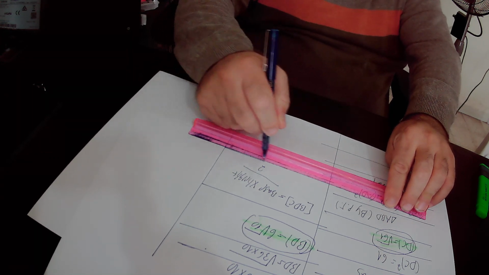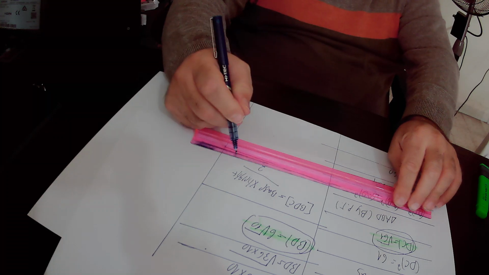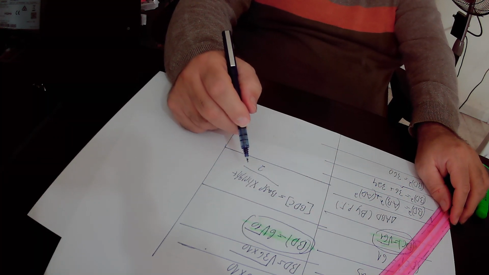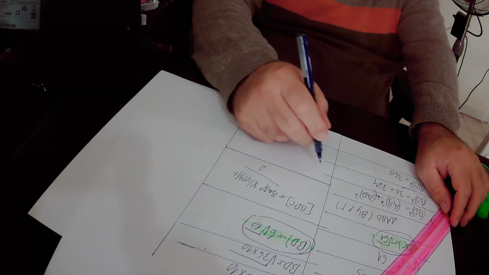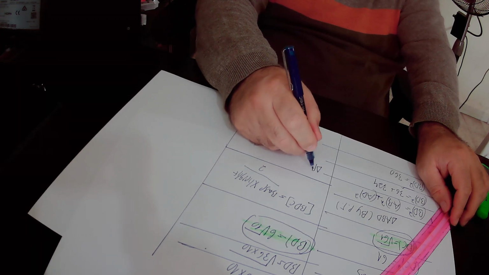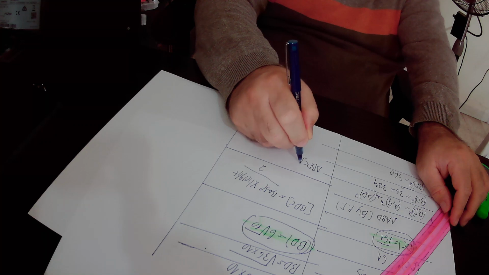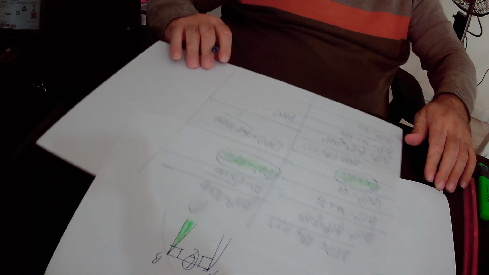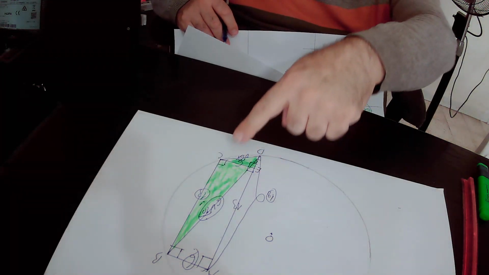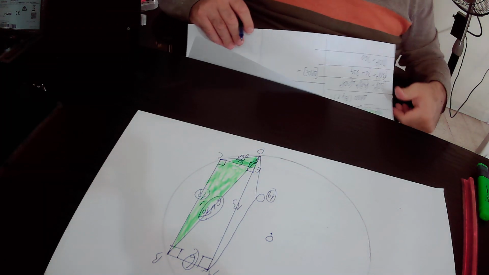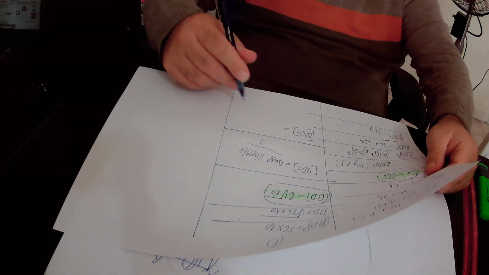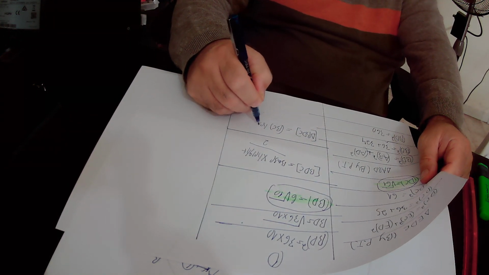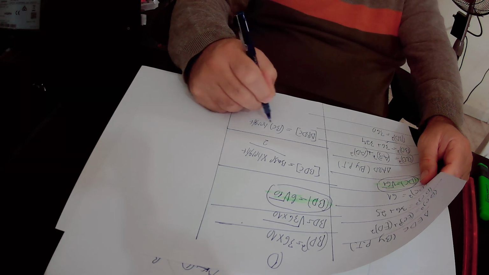Here I must emphasize that the height to the base must create 90 degrees with the base. So the area of the green triangle, triangle BDC, will be equal to the base of the triangle. We'll choose the base as BC, times the height over 2.